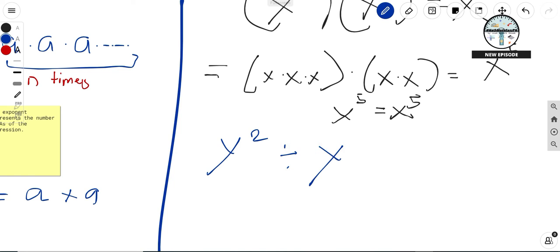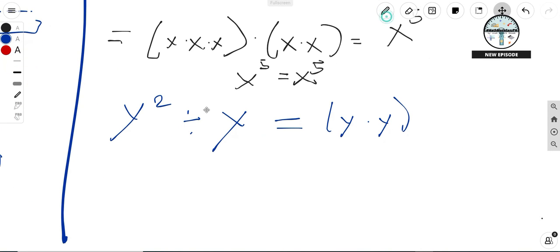Let's expand this. y squared is y times y, divided by y.